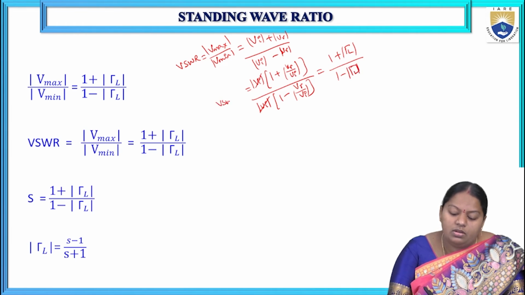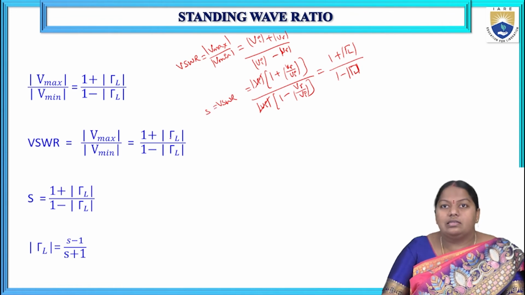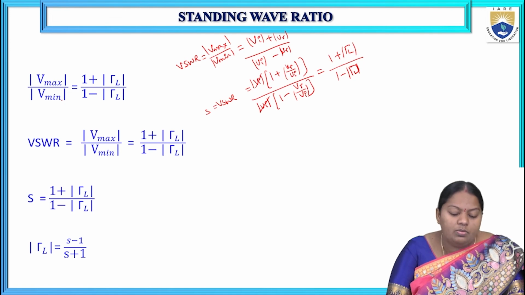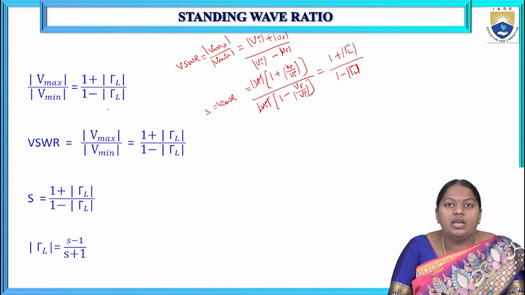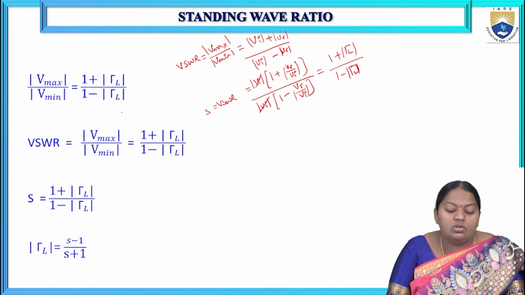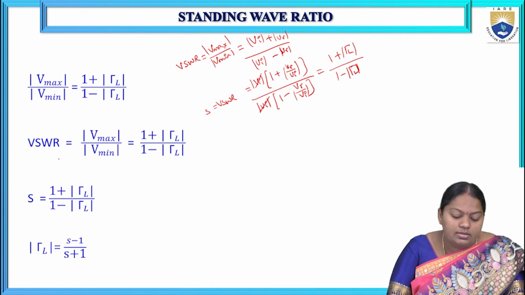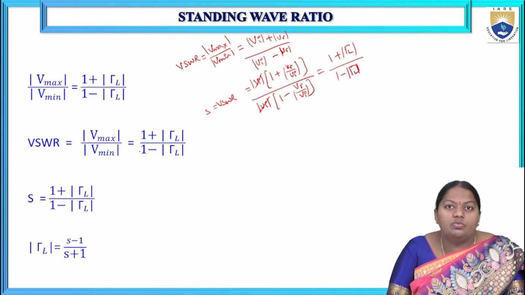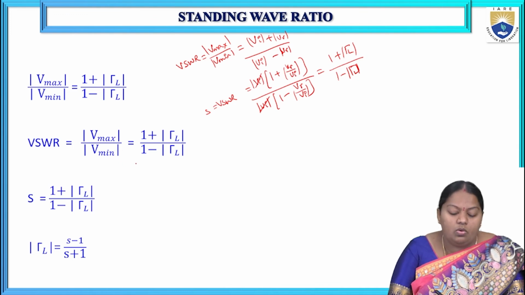That is given by VSWR, or simply denoted with small s. So Vmax by Vminimum equal to 1 plus modulus of gamma L by 1 minus modulus of gamma L, where gamma L is the notation for the reflection coefficient of a transmission line. So VSWR equal to Vmax by Vminimum, the maximum amplitude of the voltage to the minimum amplitude of the voltage, is given by 1 plus gamma L by 1 minus gamma L, right?